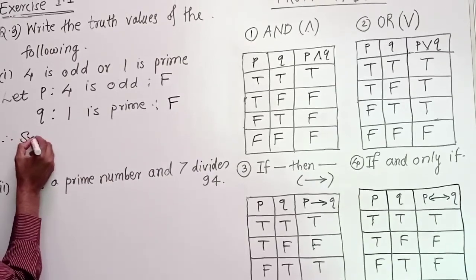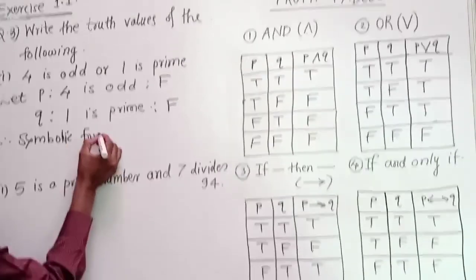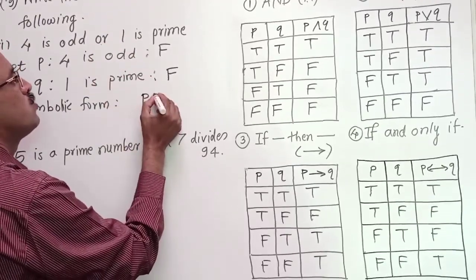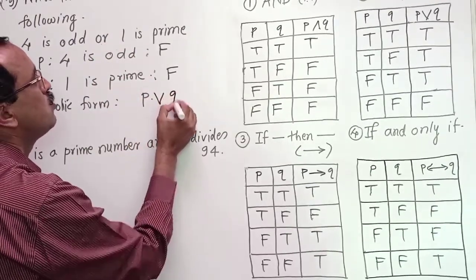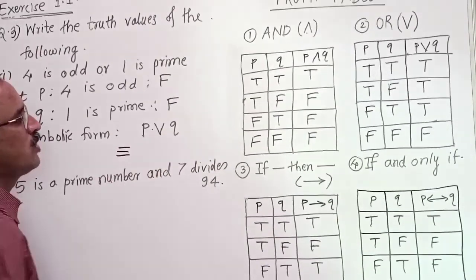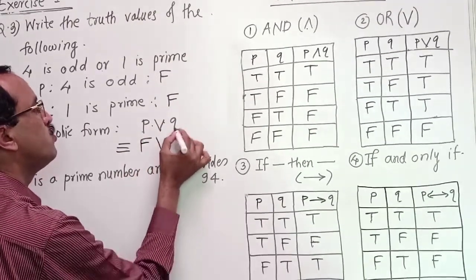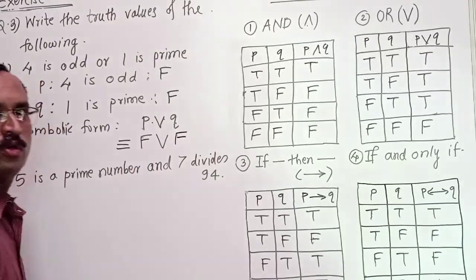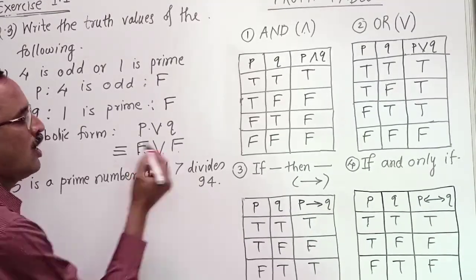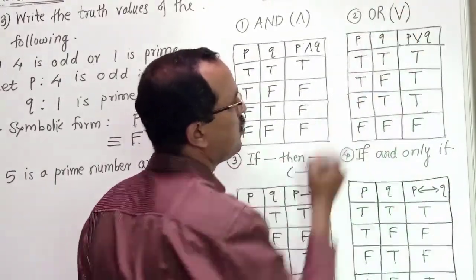Now we write its symbolic form. Its symbolic form is P, and here the connective is OR, so the symbol for OR is ∨: P or Q, which is equivalent to, now the value of P is F and the value of Q is also F. So F or F. Now I write the truth table for the OR statement.